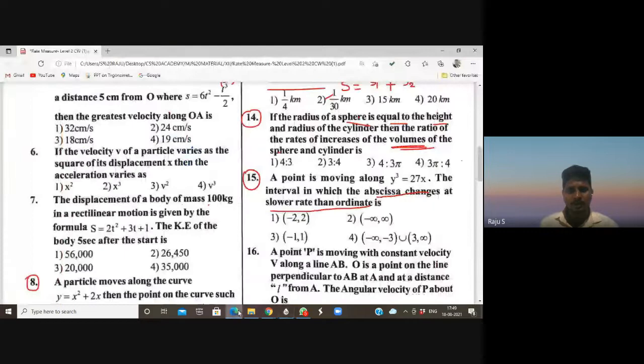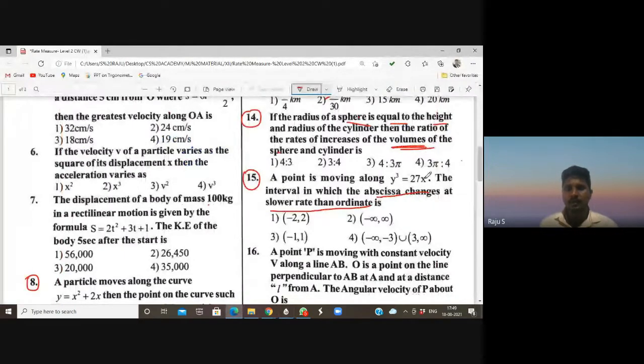But in the question, what they asked is the point moving along this path and the interval in which the abscissa changes slower. So this is right, because there is no minus 3 comma 3 in the options. So this interval is given. This is right. In multiple choice correct questions, they may give another option minus 3 comma 3. That is also right. Got the idea?